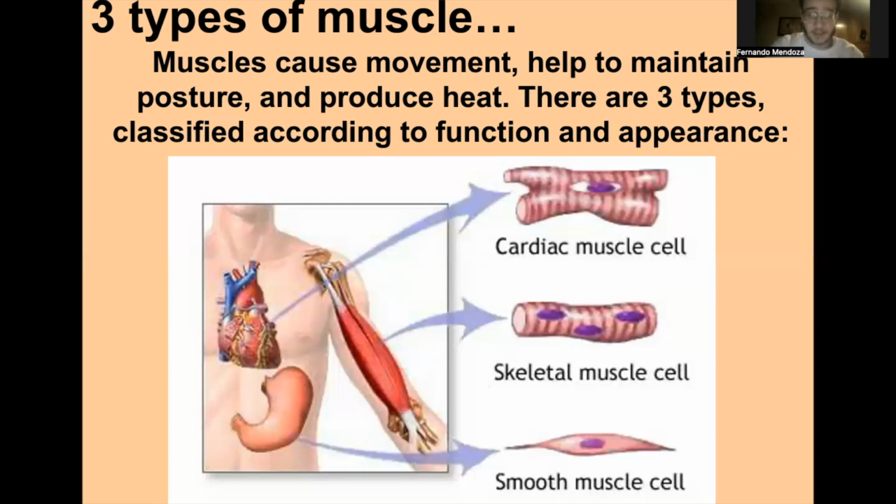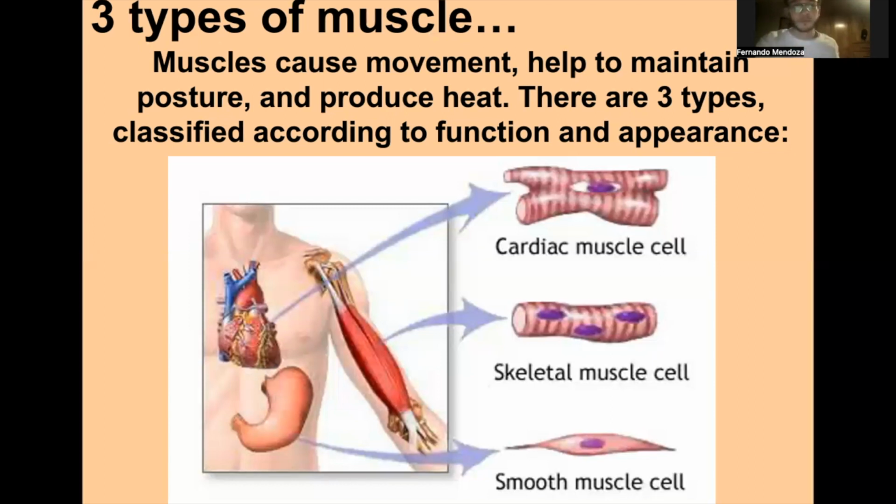But as the heart contracts and expands itself, it must have the characteristics of the skeletal muscle cell, with the same actions of these skeletal cells, the contraction and the expansion of this muscle. So that's why the cardiac muscle cell is a combination of these two types of muscle cells.